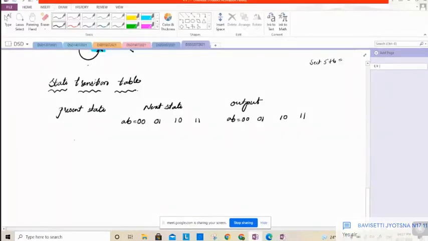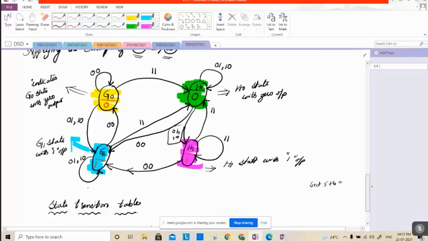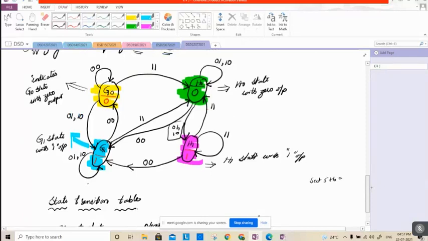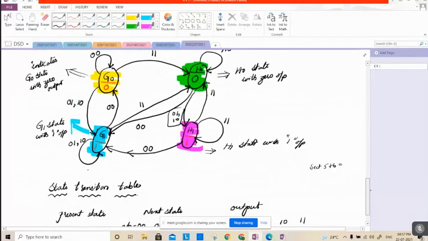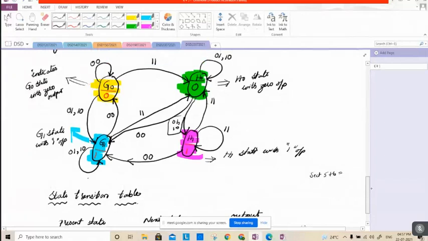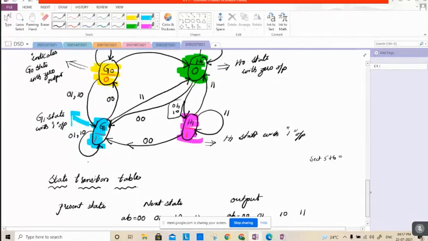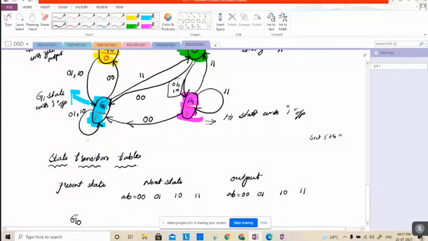Present state is G naught from this particular diagram. If 0, 0 is my input, what is the next state? The same G naught itself.